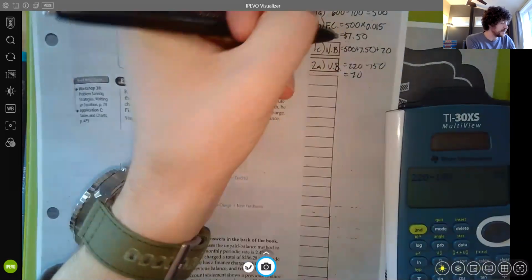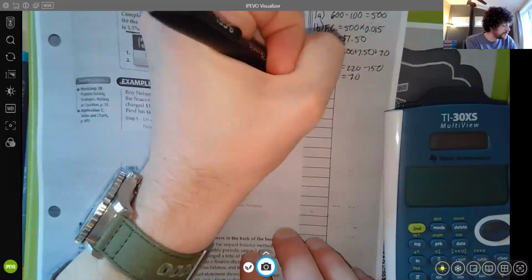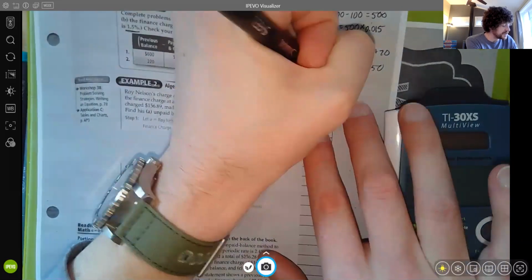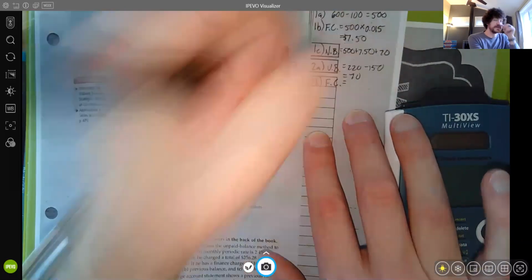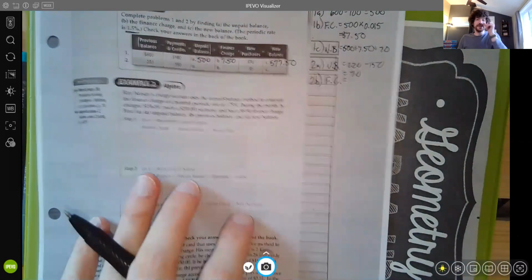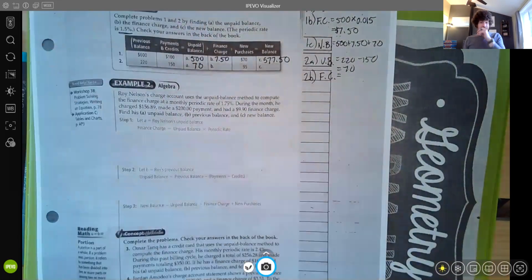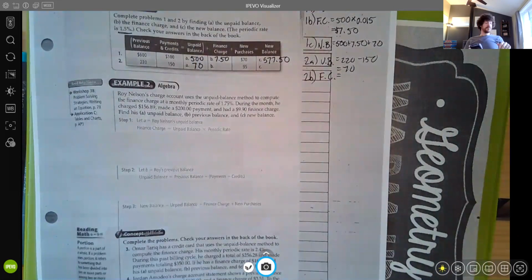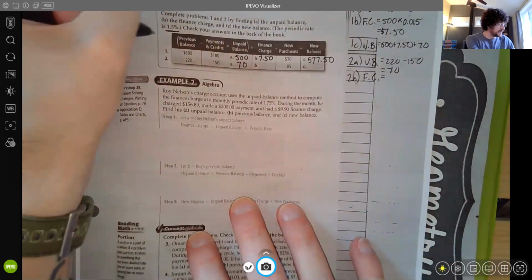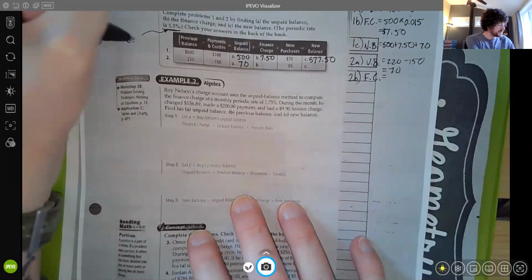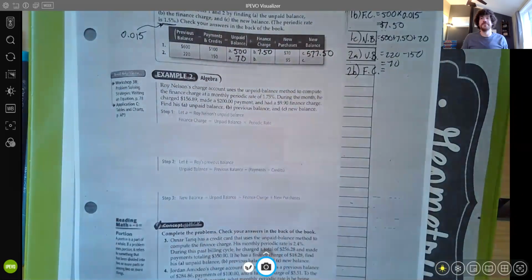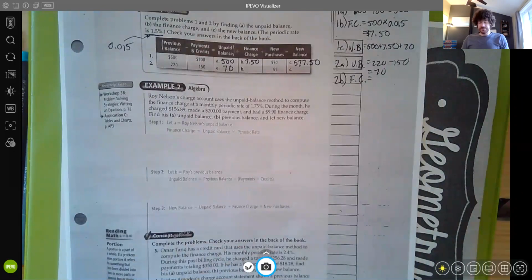All right. 2B, we need finance charge. So the finance charge then, somebody calculate that one for me. What will the finance charge be? So we have a $70 unpaid balance, and we're talking about a 1.5% periodic rate, which is 0.015. So this should be a pretty minimal finance charge.